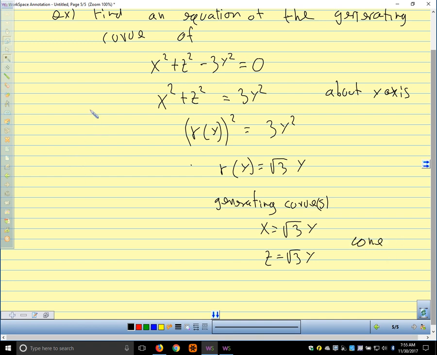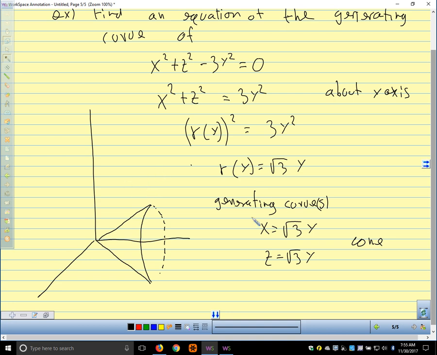So we could visualize it like this. x equals the square root of 3y is something like this in the xy plane, or z equals the square root of 3y in the yz plane, and we're revolving it about the y-axis, so we get something like that. So this is a cone.